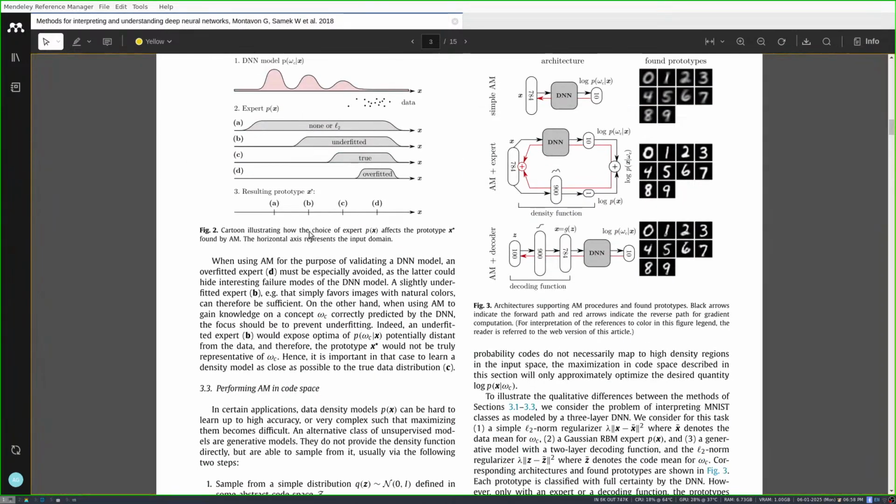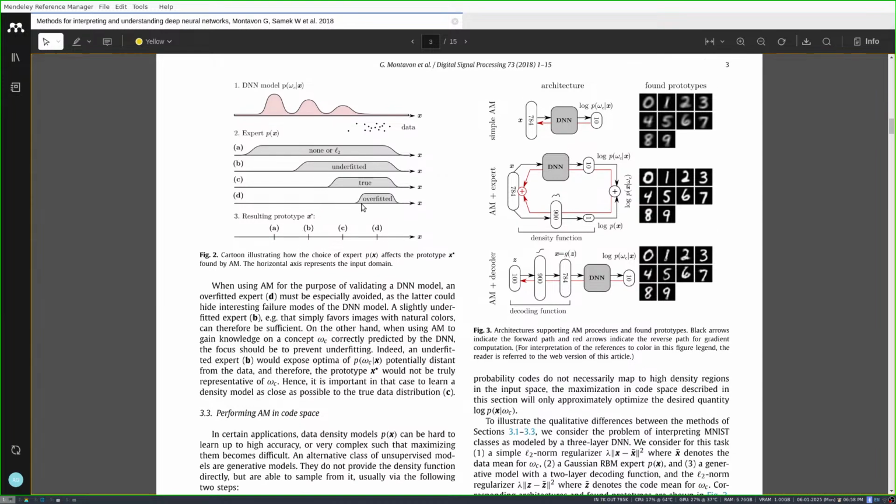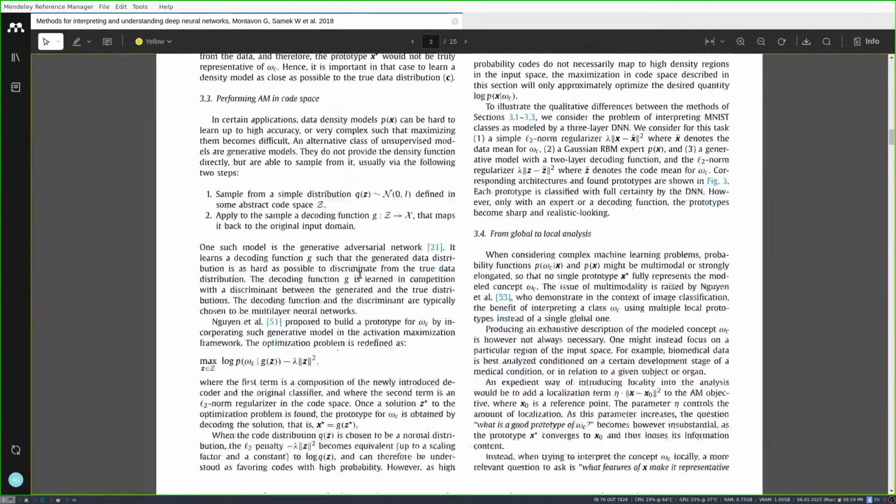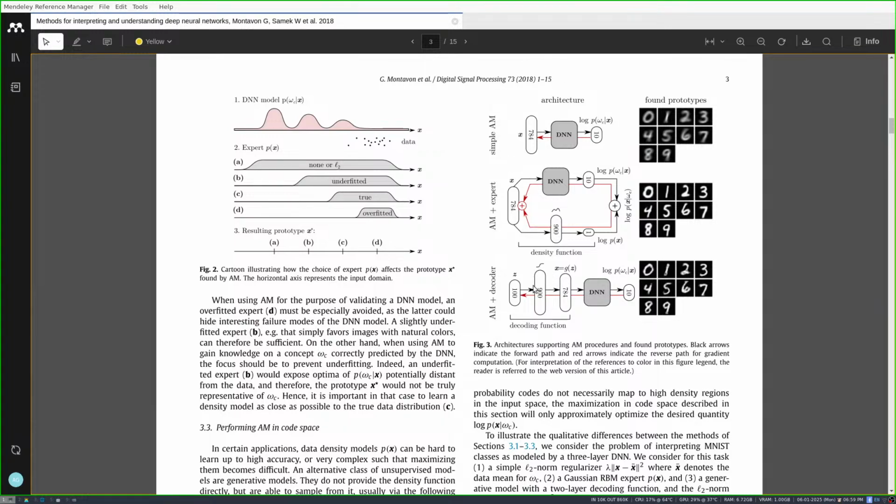Illustration of how the choice of expert affects the prototype. Okay. Decoding function. AM plus decoder, AM plus expert, simple AM.